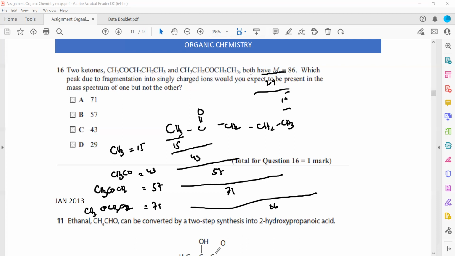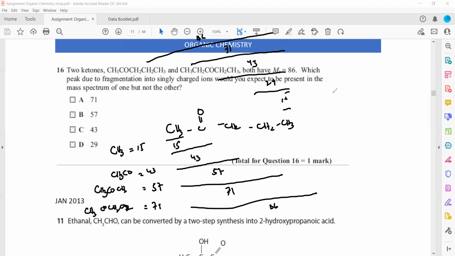Then 29 plus 14, so it will be 43, and 43 plus 12 is 55, plus 16 is 71, and then the last, 86. So these are the peaks we'll get for the first molecule.